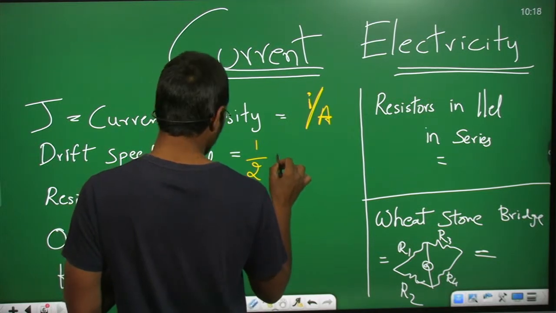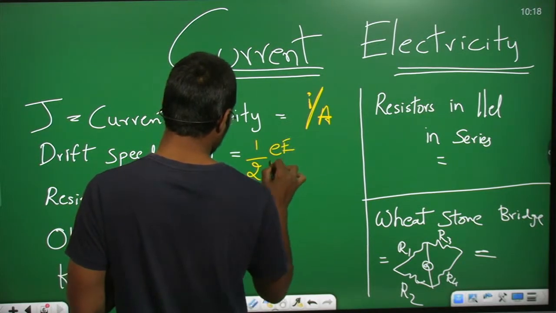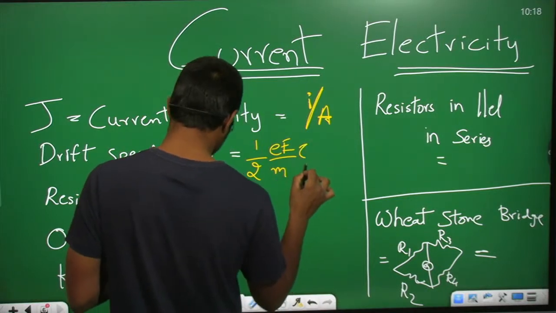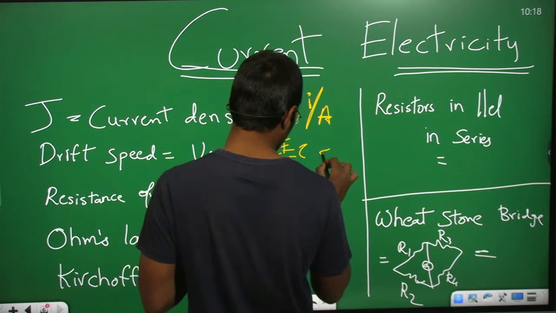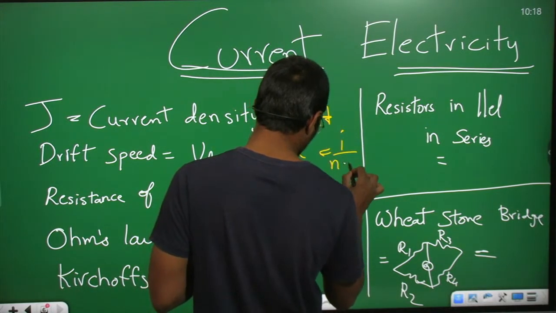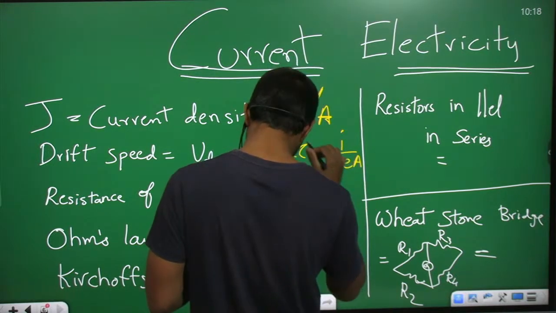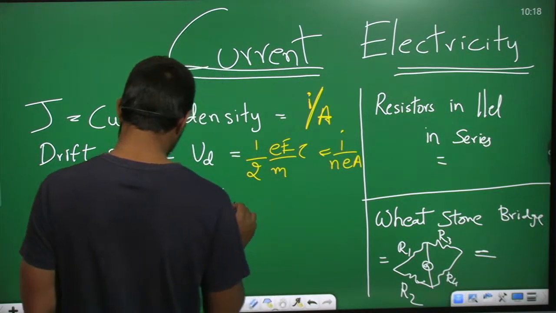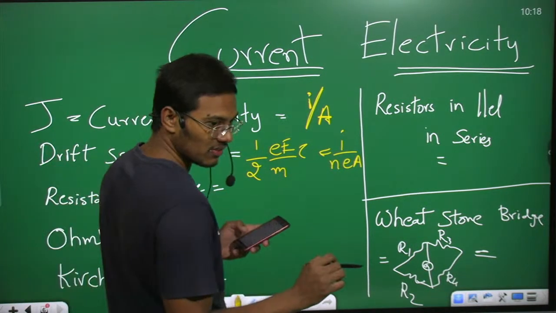See, there are different forms, so I'll try to write a couple of them here. What is the resistance of a wire in terms of resistivity?